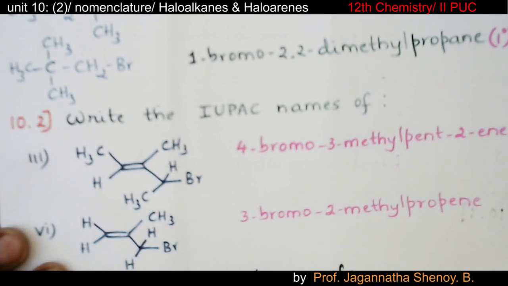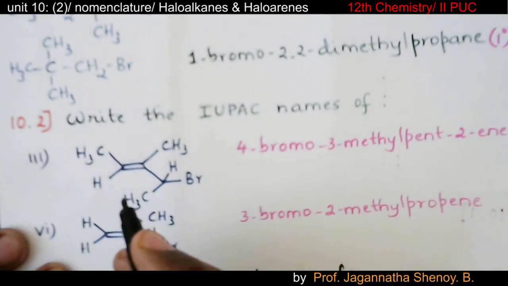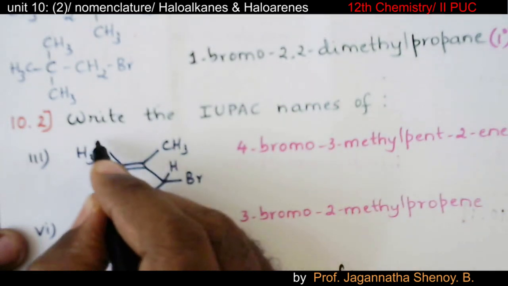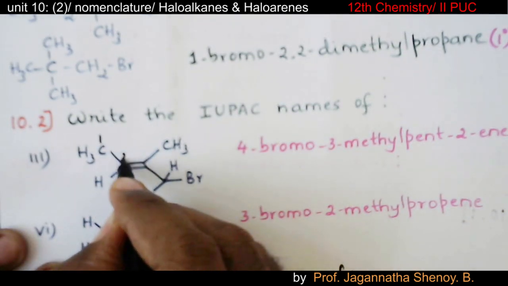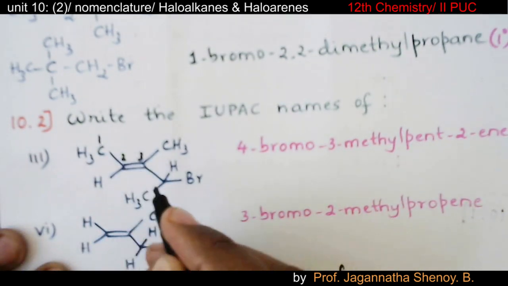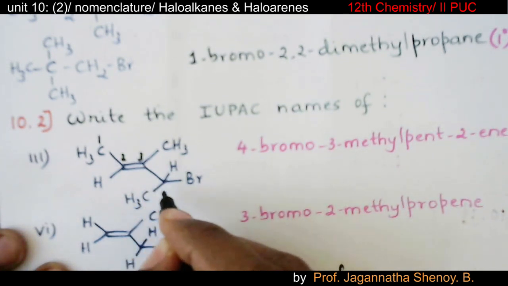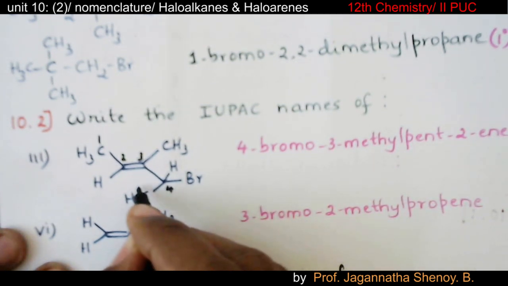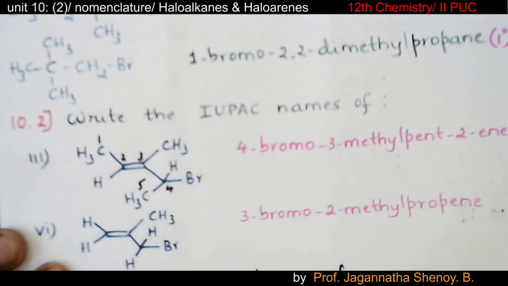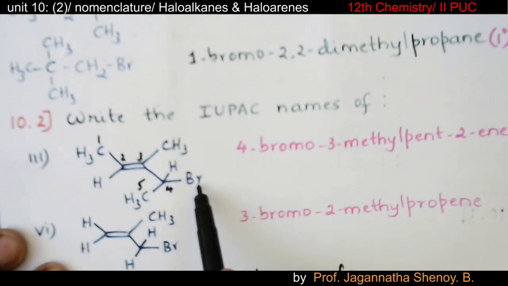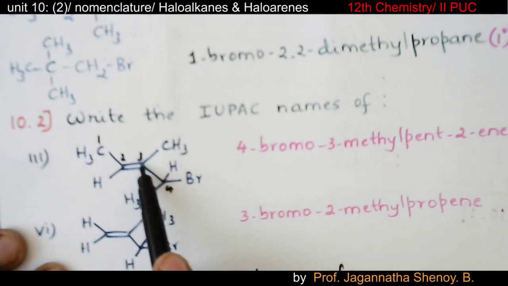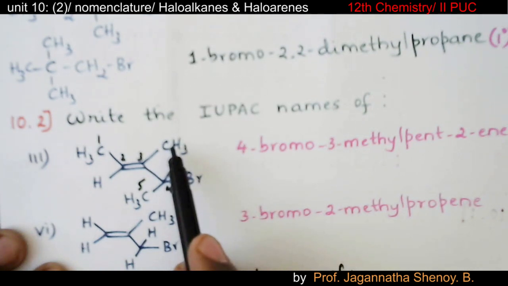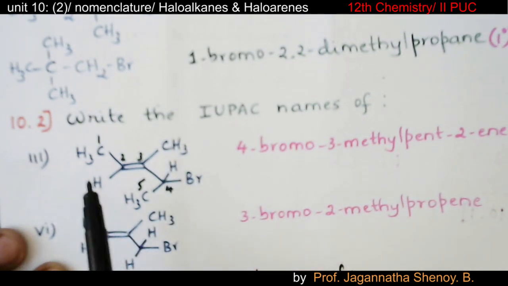That's why while naming it, I'll number the carbon chain like this. This is the first carbon atom, this is the second one, here you have the third one. This carbon atom is the fourth one, and this is the fifth carbon atom.